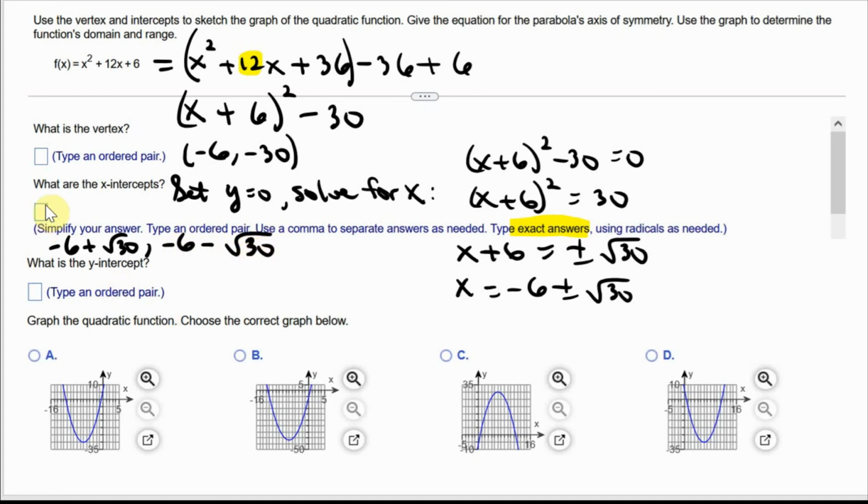Okay. So it said separate your answers with that comma. For the y-intercept, we said x equals 0. Let x equal 0. So this implies that f of 0 is equal to 6. Go back up, put a 0 in for that x, and we just get 6.